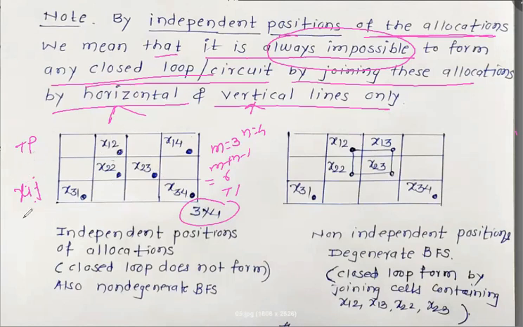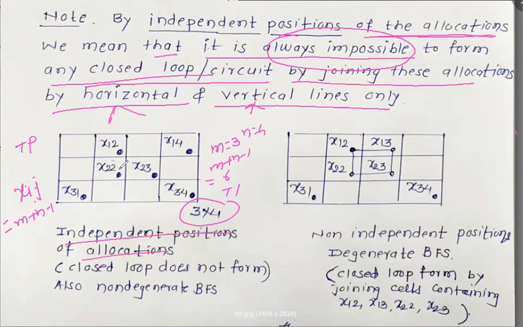Now how many positive allocations are there? Exactly 1, 2, 3, 4, 5, 6. So there are m plus n minus 1 positive allocations. Now these positive allocations are at independent position. Why?